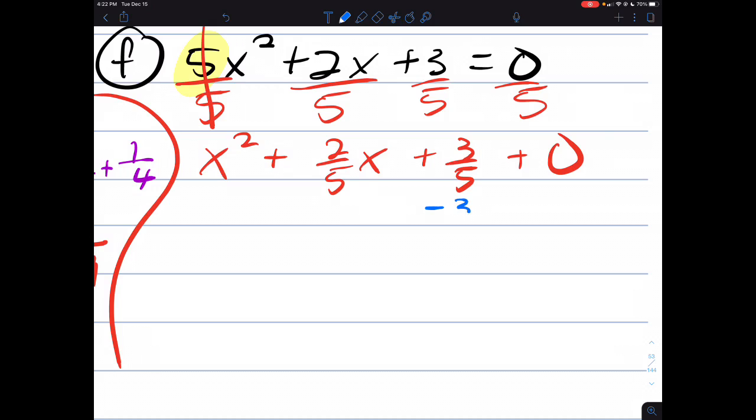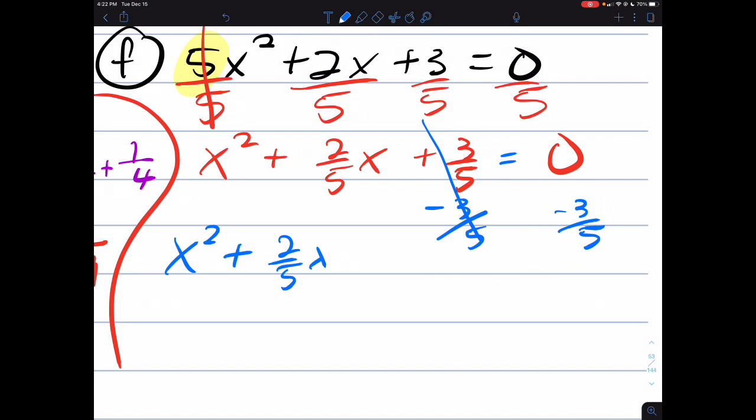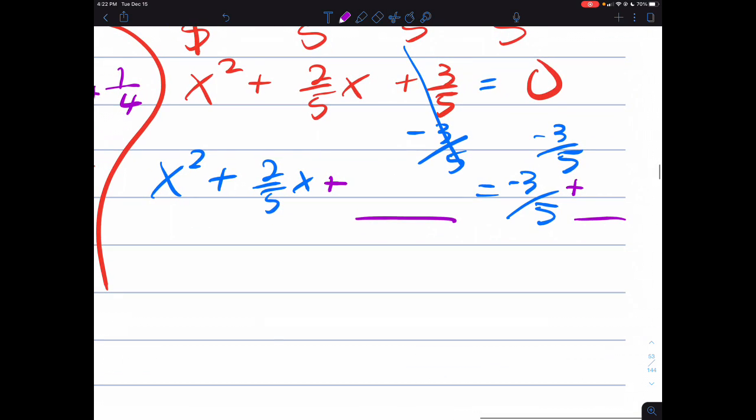Okay, so I'm going to subtract our old constant from both sides. Leave space for our new constant. I'll throw in a blank for our new constant, so plus blank. What I add to one side, I have to add to the other.